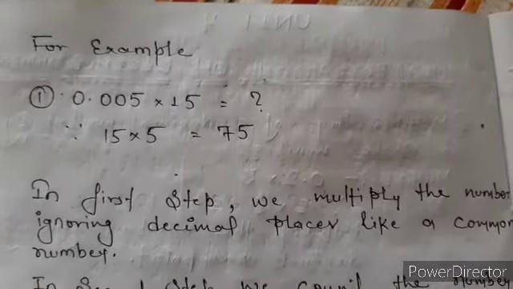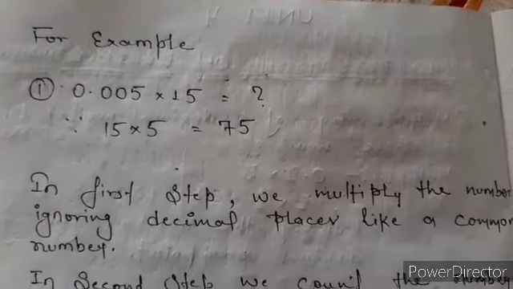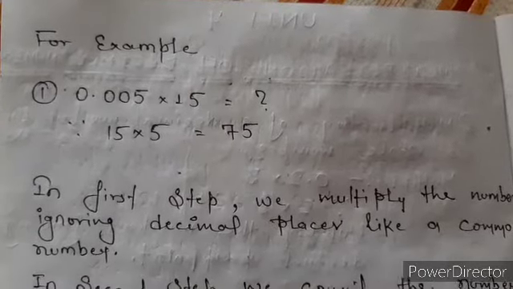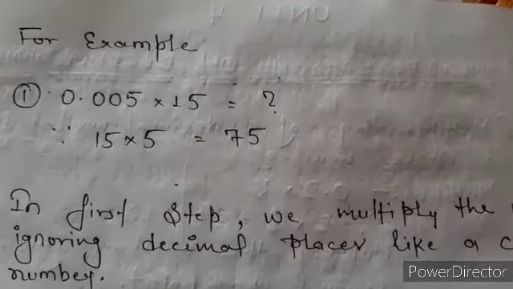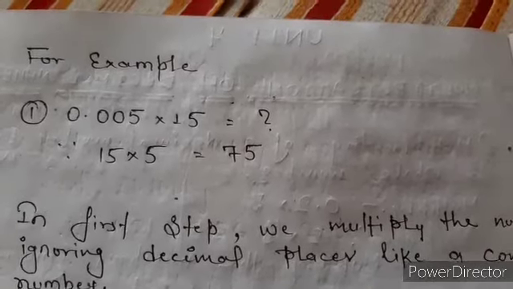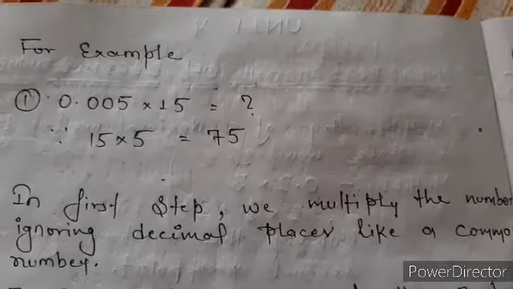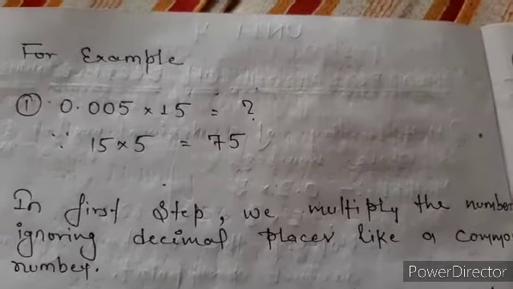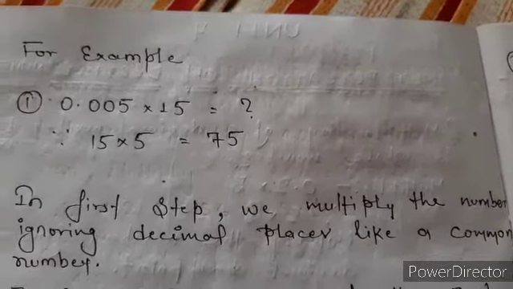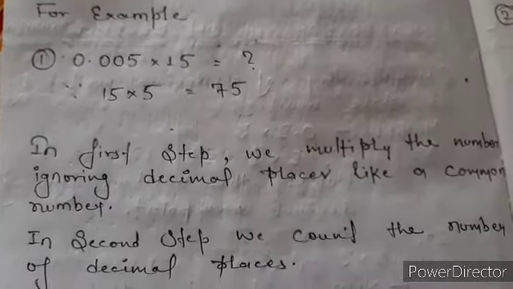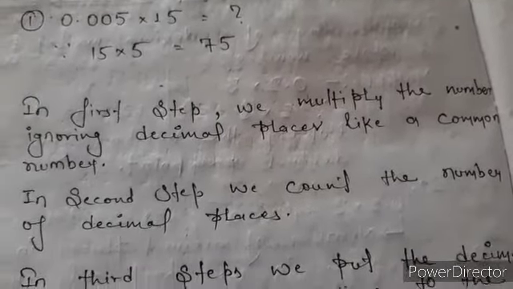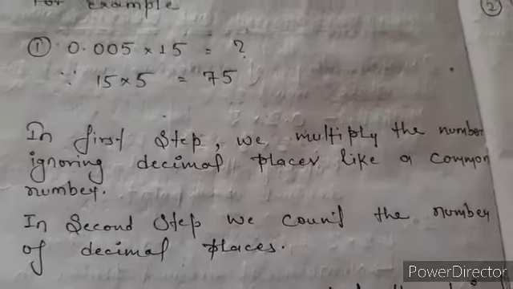Next we take an example of multiplication of 0.005 into 15. Since 15 into 5 is equal to 75, in the first step we multiply the numbers ignoring decimal places like common numbers. In the second step we count the number of decimal places.